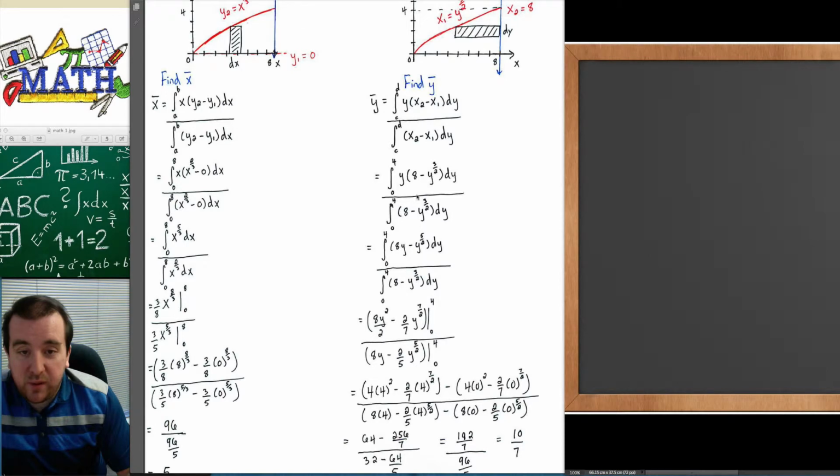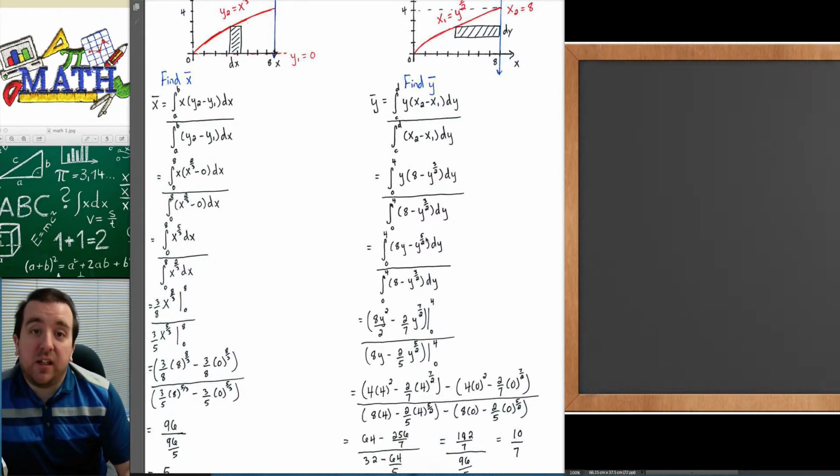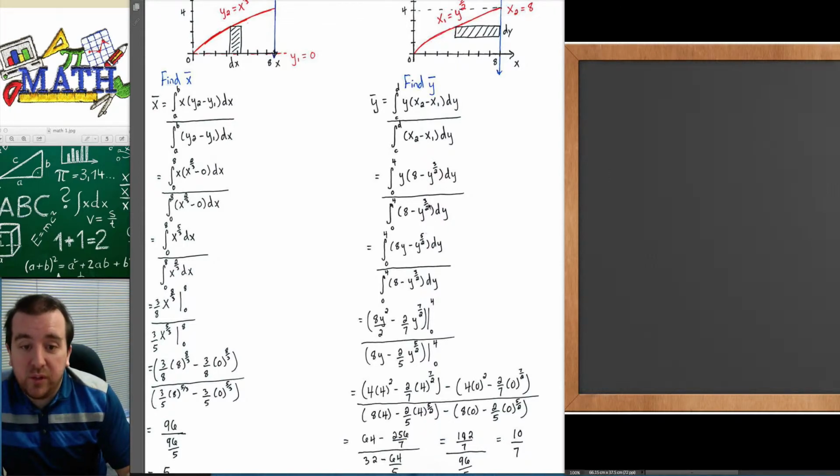So y times 8 is 8y, y times y to the 3/2, so that's y to the 1 times y to the 3/2. So we add these exponents, and 1 plus 3/2 is actually 5/2. Just some addition of fraction rules there that you can check out. And on the bottom, this doesn't change, right? Still 8 minus y to the 3/2 dy.